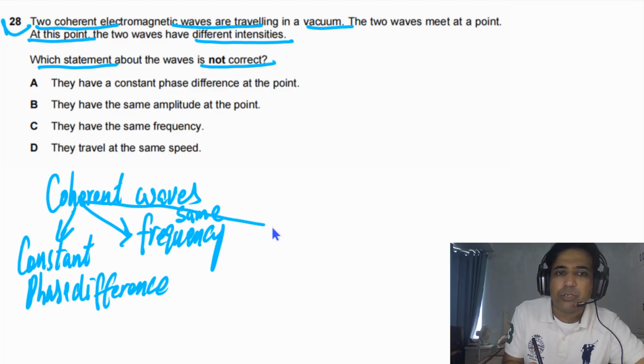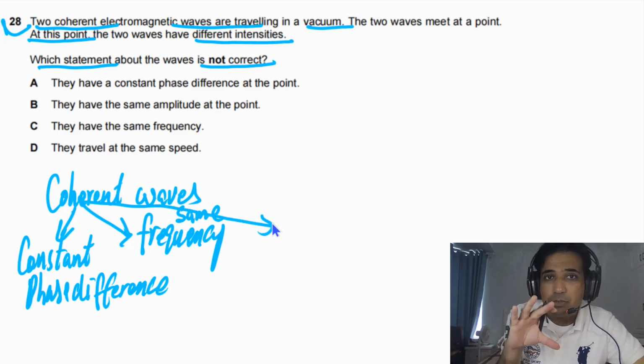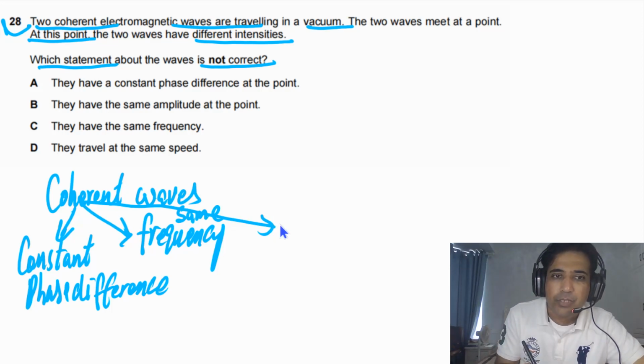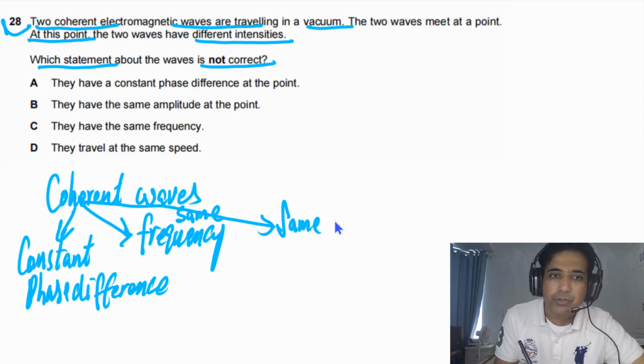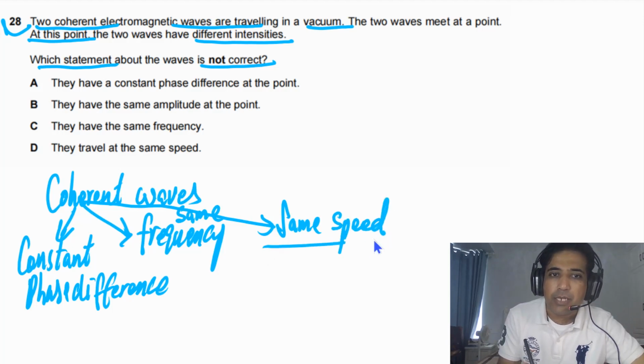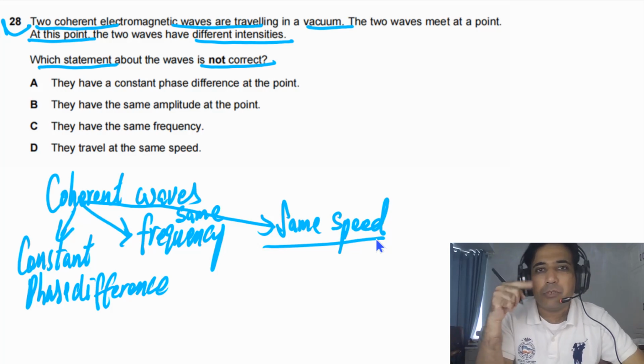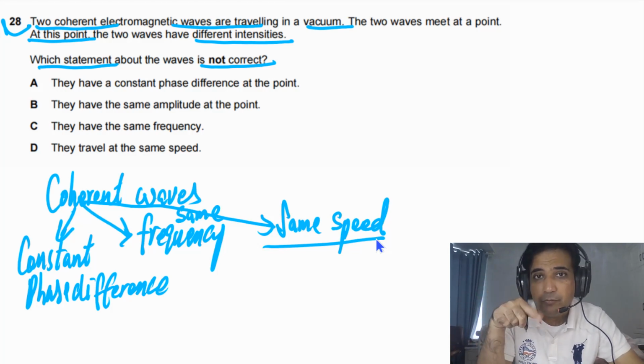And also we need to understand these are two electromagnetic waves, so they are the same type of waves, so they have the same speed in the same medium, because speed of the wave depends on type of the wave and medium, so they have the same speed.